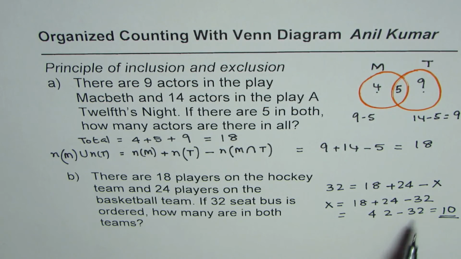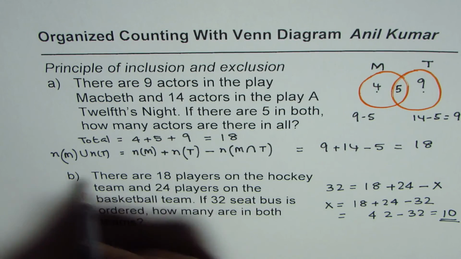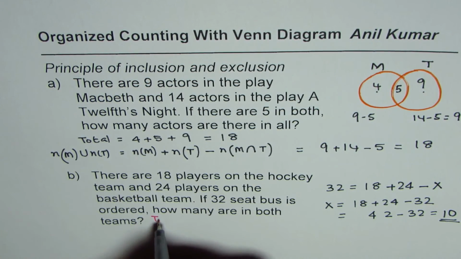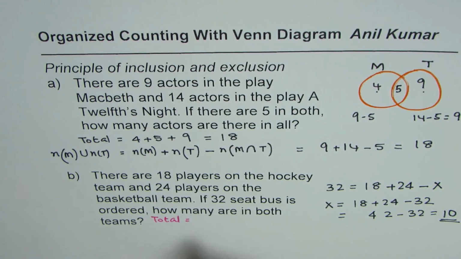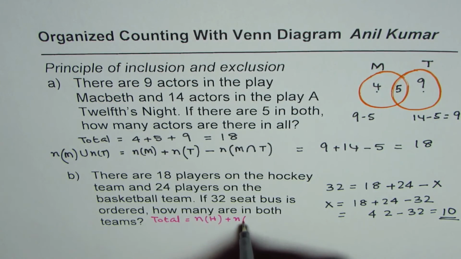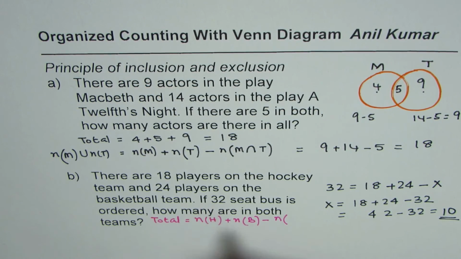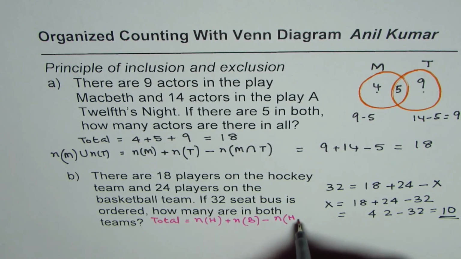So we have used the principle of inclusion and exclusion. So the basic formula here is that the total players is equal to the number of players who play hockey plus the number of players who are playing basketball, take away the players which are in both the teams, that is hockey intersection basketball, right?